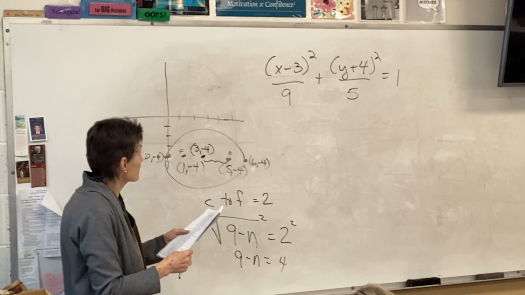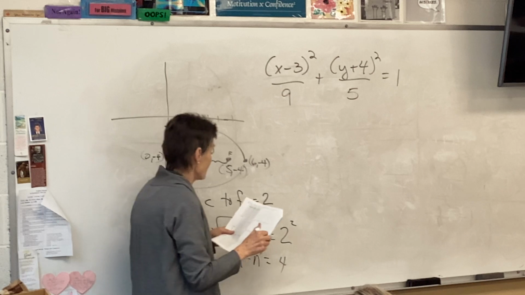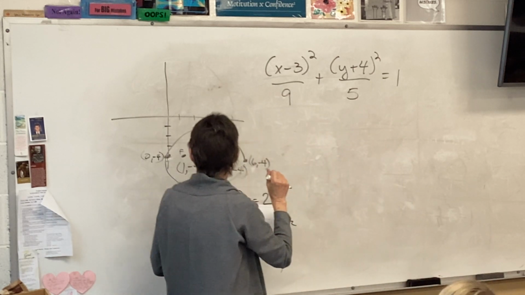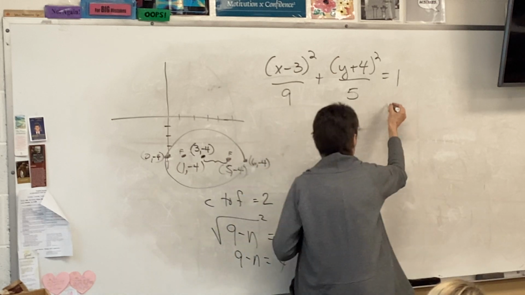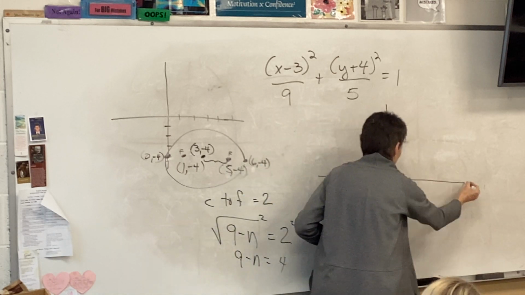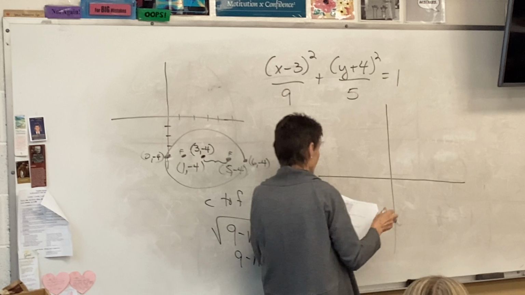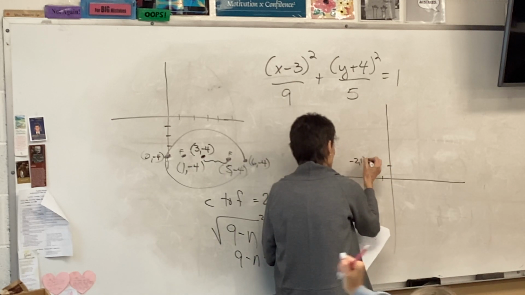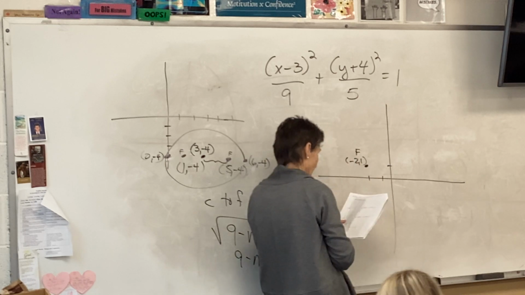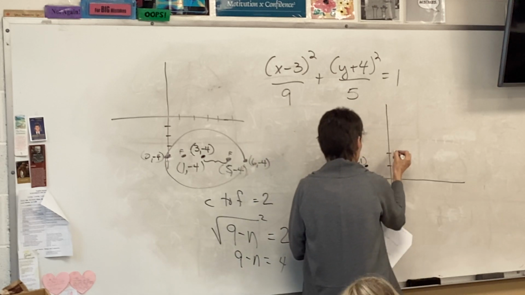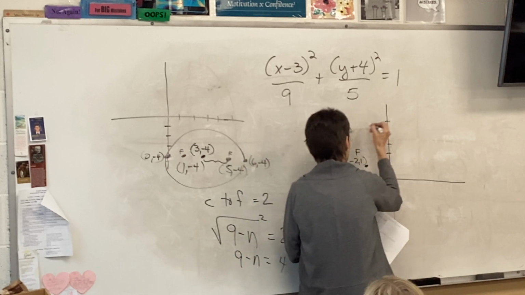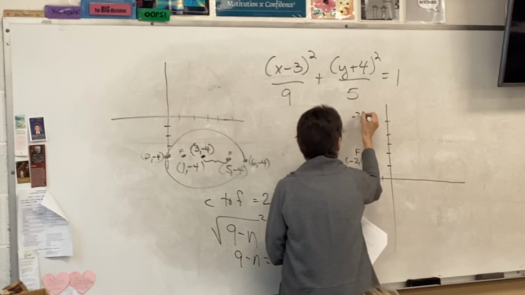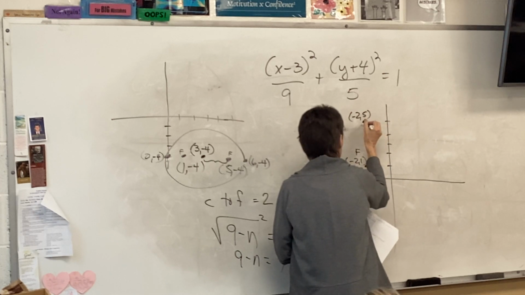These are definitely the trickiest. There's another one. I is the same thing. So let's take a minute and see if you can sort this one out on your own. -2, 1 is a focus. -2, 5 is another focus.